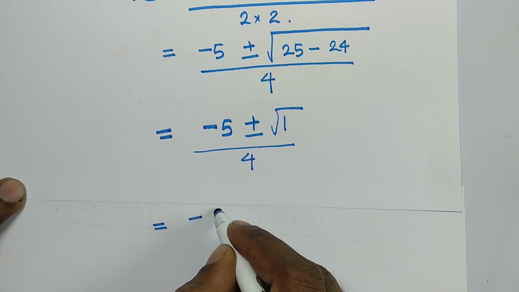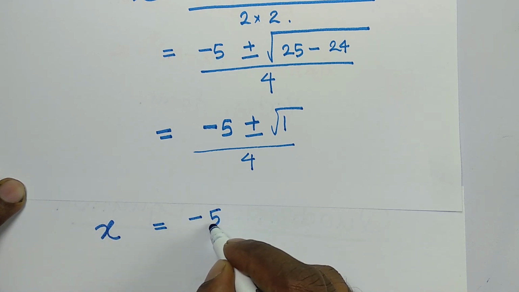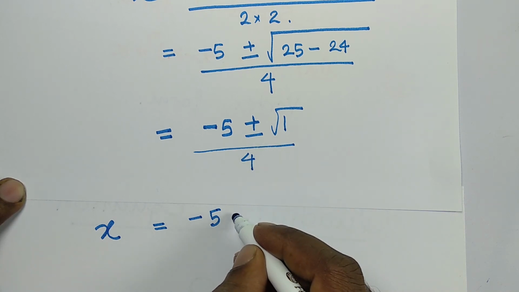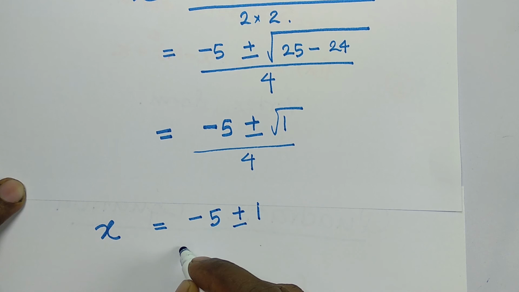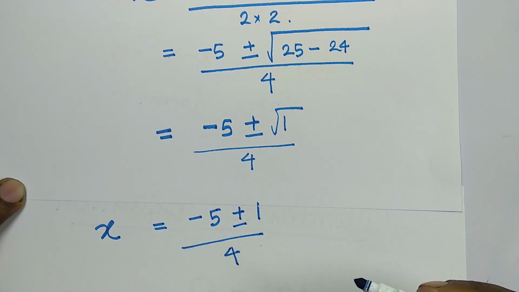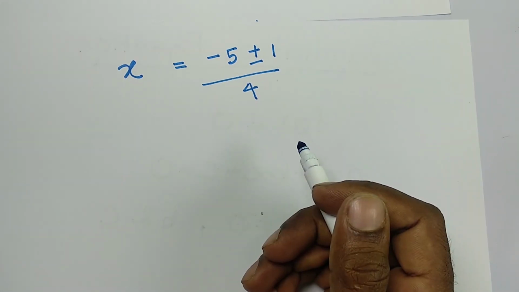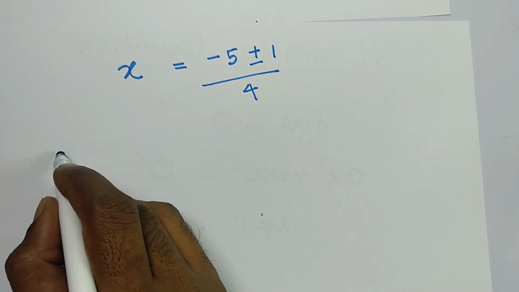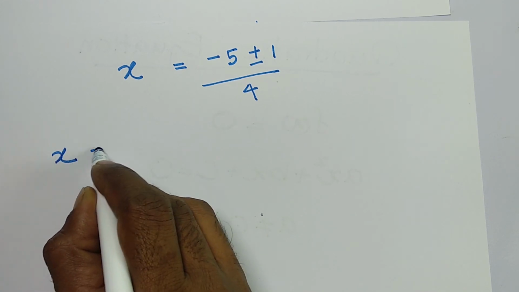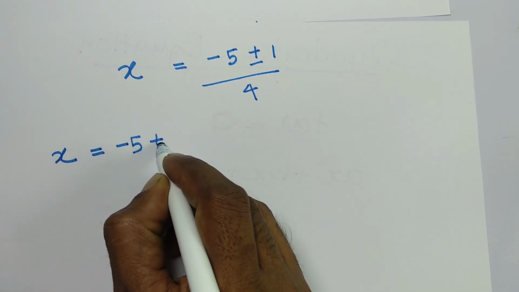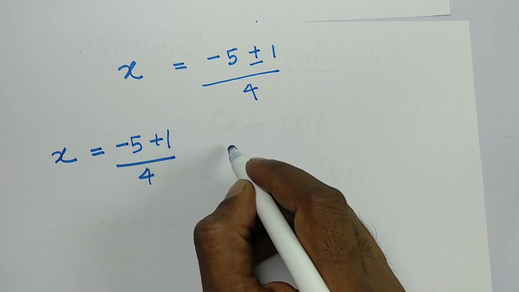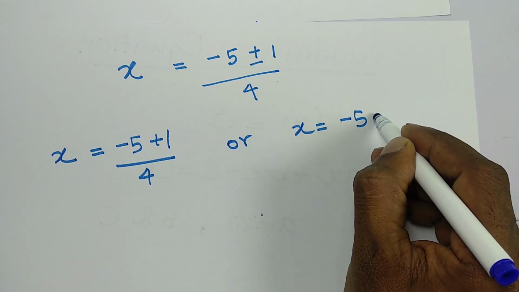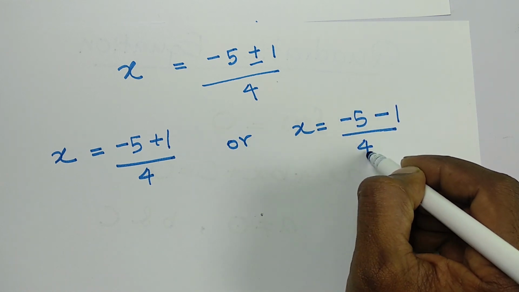Then our x is minus 5. The square root of 1 is 1. Then we can write it as plus or minus 1, over 4. I can separate my two solutions for this quadratic equation simply as x equals minus 5 plus 1 over 4, or x equals minus 5 minus 1 over 4.